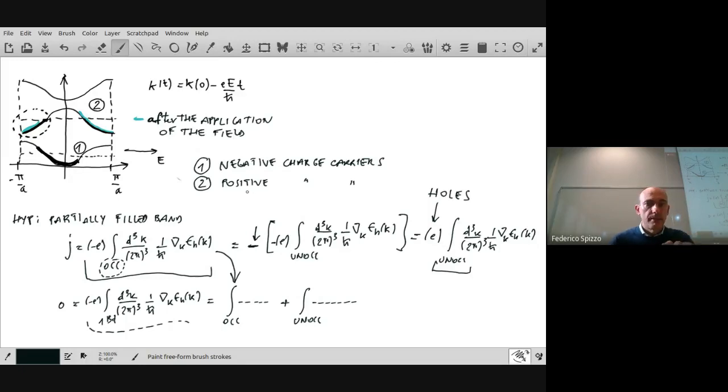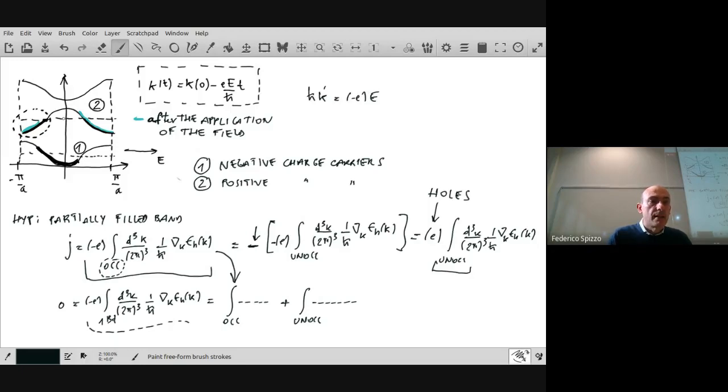Now, since we are discussing occupied and unoccupied levels, please consider that when I wrote the initial equation, that is this equation up here, what we did was to apply the equation that one expects when one considers the motion of one electron due to the electric field.